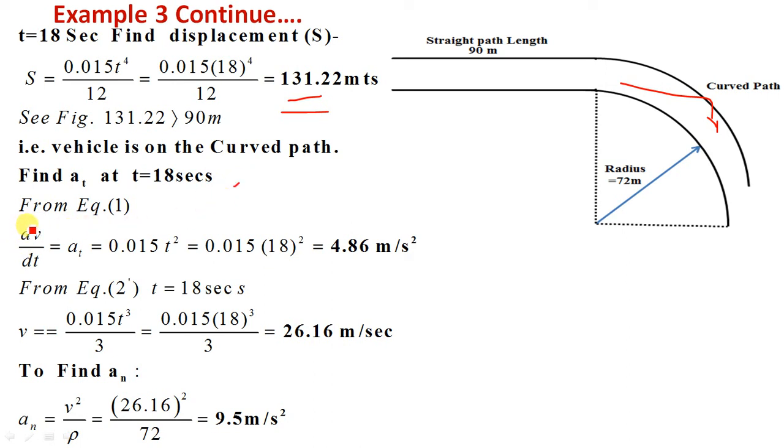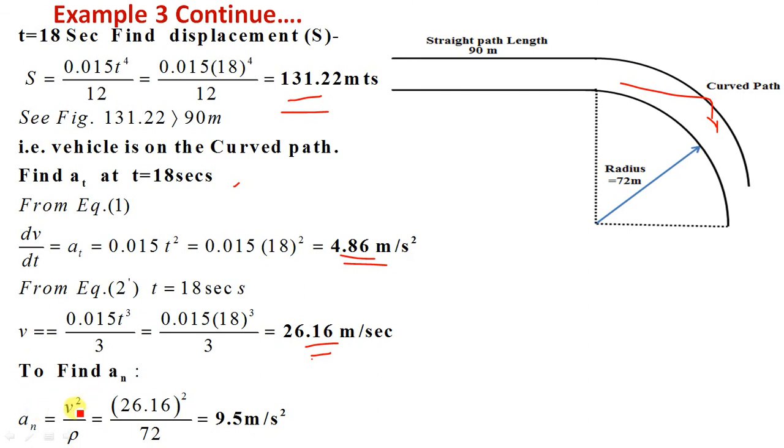So a_t is nothing but dv by dt. After differentiating, you will get a_t as 4.86. From equation number 2, at t equal to 18 seconds, we will get the velocity v equal to 26.16.